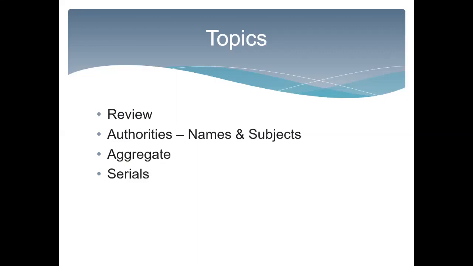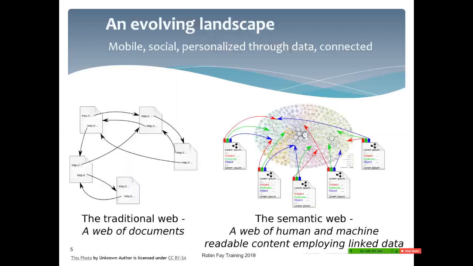Finally, we're going to talk about serials, because there's a whole section on serials just in the Library Reference Model. So if you've not made it that far through the Library Reference Model, you'll be reading and talking about it more this week.